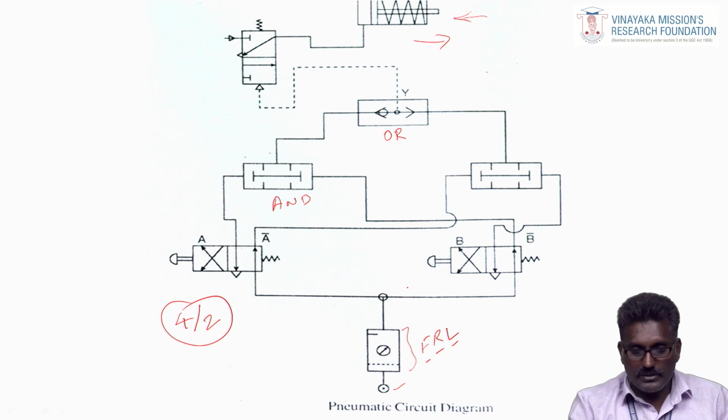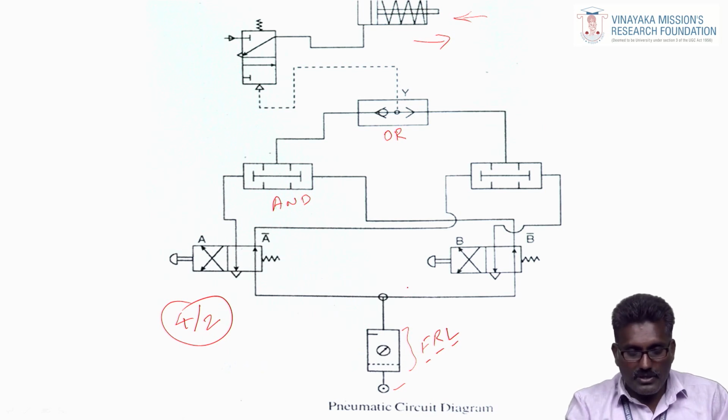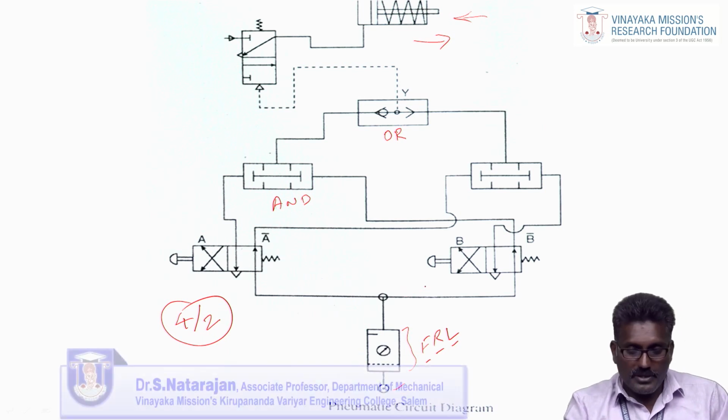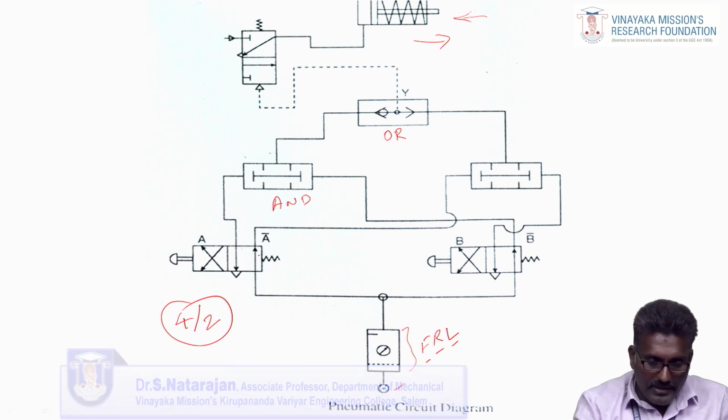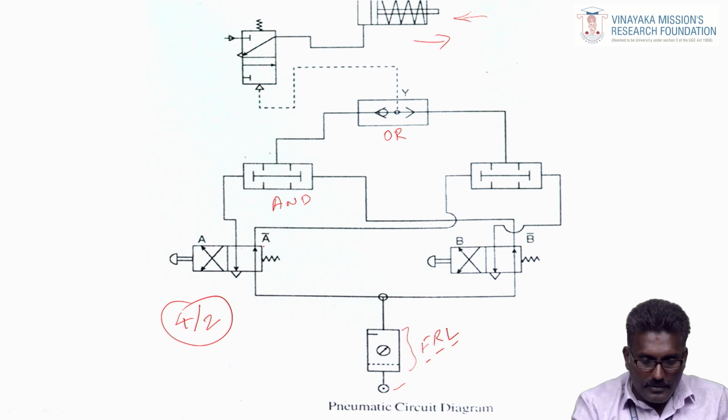Now, the construction of this circuit is done. The working of this circuit: first I press button A. Now this switch is connected to here, so it has pressure.